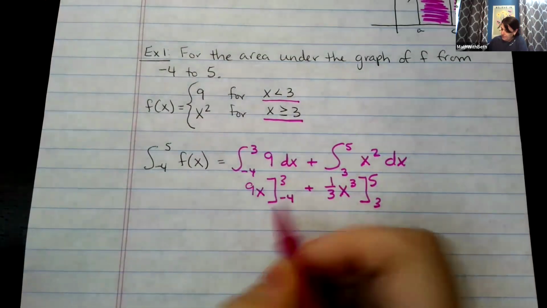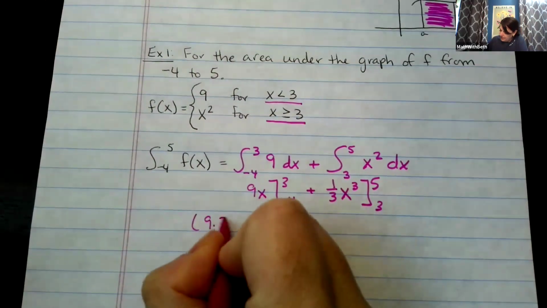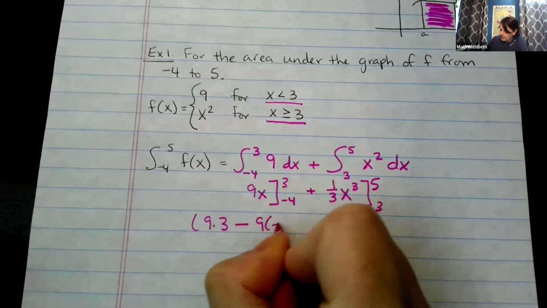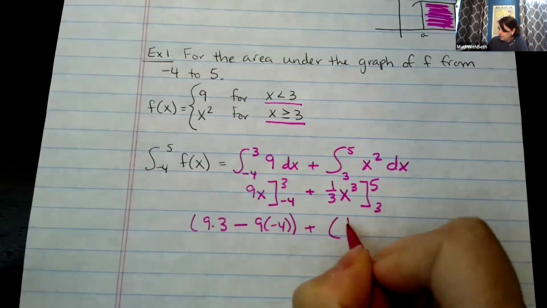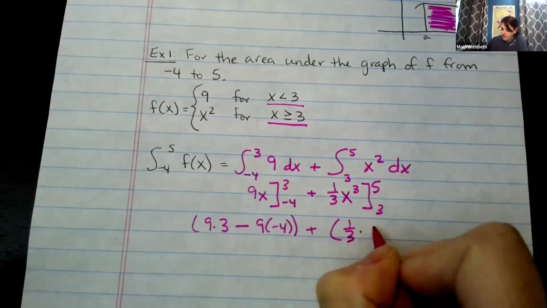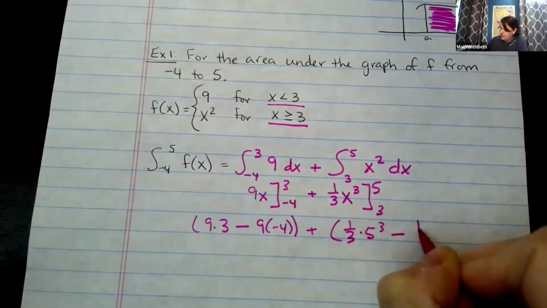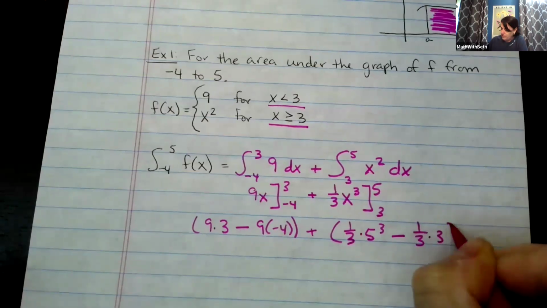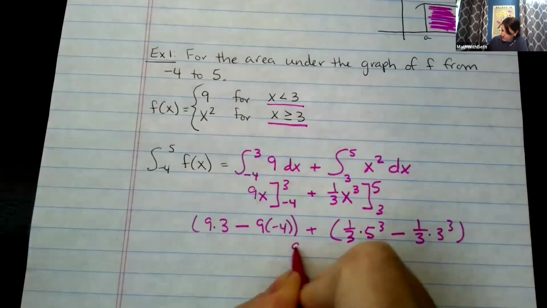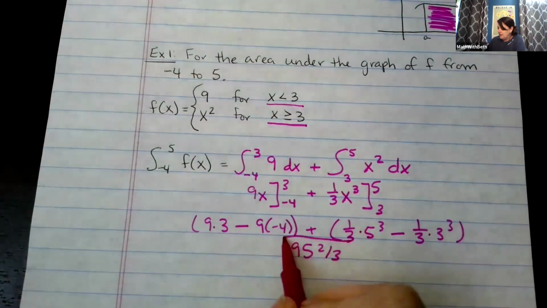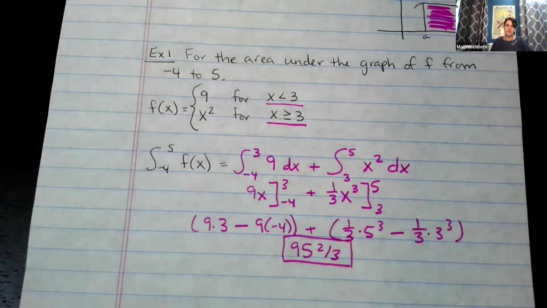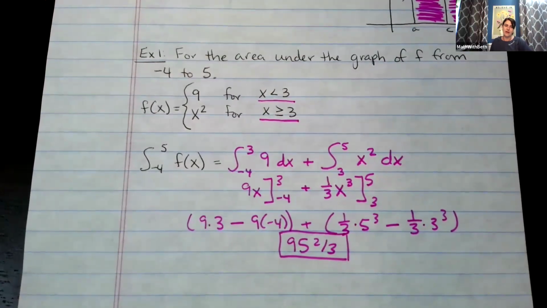So we end up getting 9 times 3 minus 9 times -4 over here. Over here, we get 1/3 times 5 to the third, minus 1/3 times 3 to the third. If you do all that correctly, you end up getting 95 and 2/3. So that would be the area, and we got that by splitting it up and then adding those together.